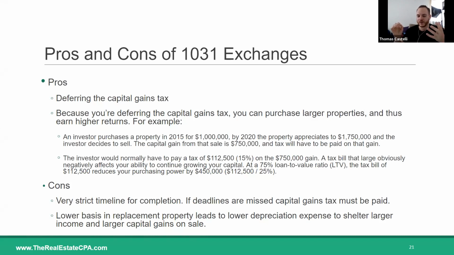So if your original property had a basis of $1 million, and the new property's purchase price is $4 million, you're only going to have a $1 million basis in a $4 million asset. But that can be eliminated down the line by using strategies found here, including another 1031 exchange, or perhaps using passive loss strategies. That's something that can be planned for with proper planning.